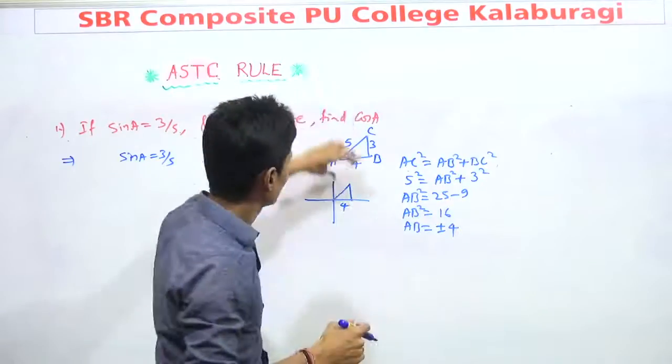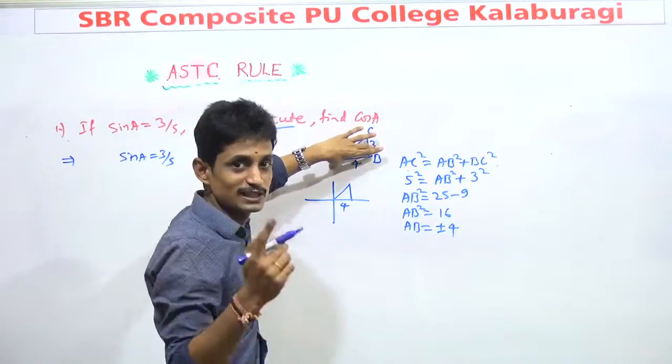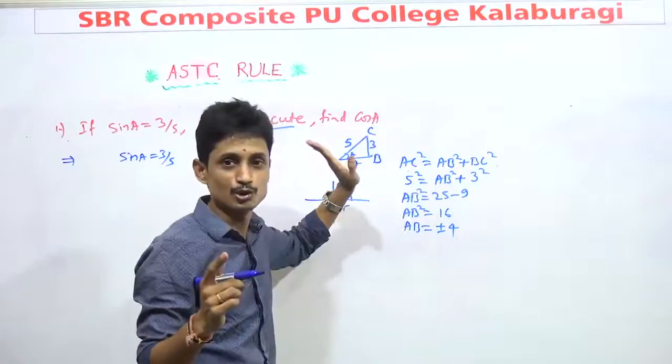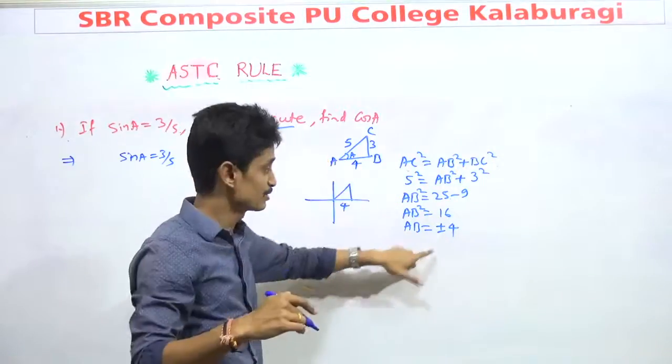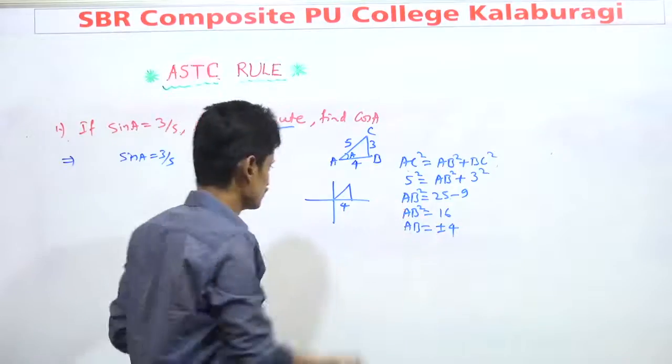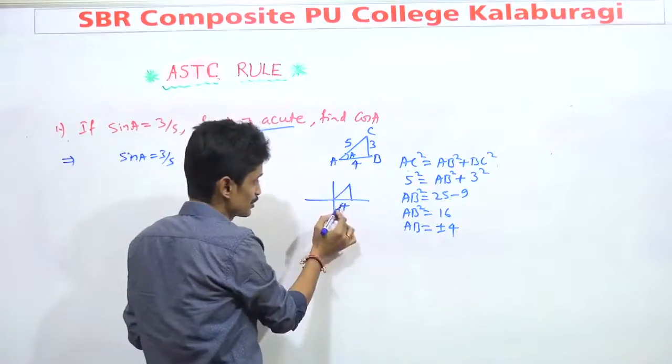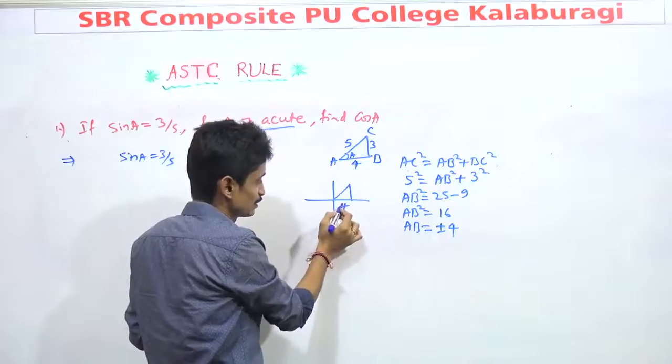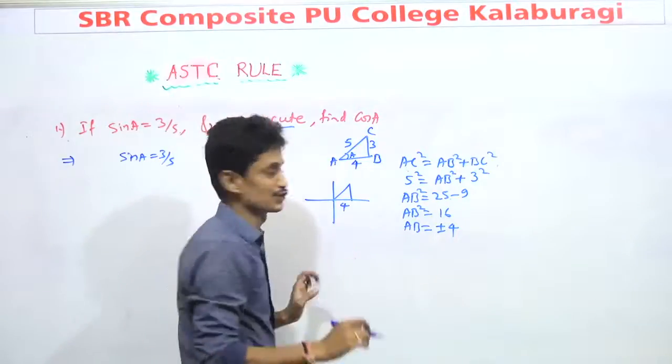Don't think of it as a length. If you consider length, it will always be a positive quantity. Along with direction, in your assumption you should take positive or negative. So it will be in the first quadrant. First quadrant means right hand side of the origin, so that base will be a positive quantity.